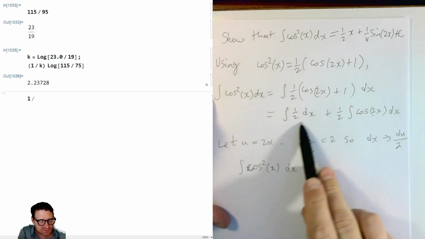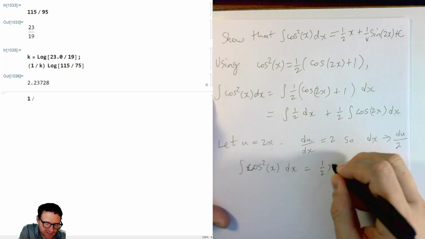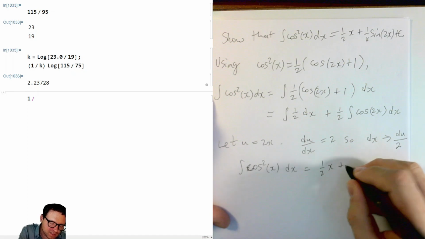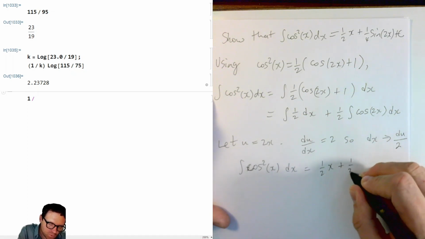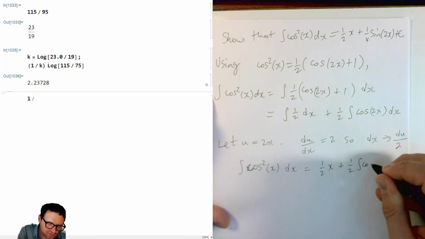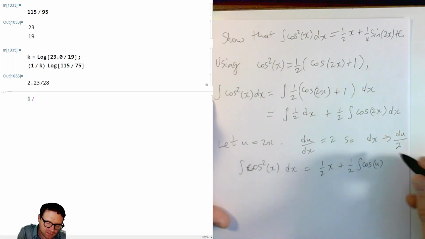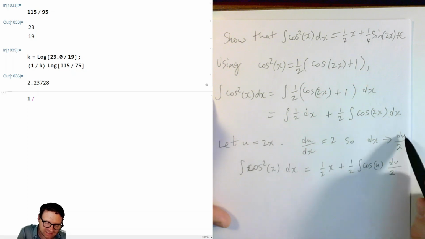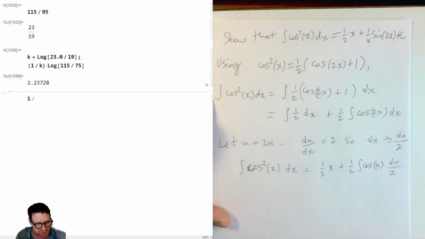Okay, back to this integral. This integral is easy. We just have a half x. And then here we've got plus 1/2 integral of cos of u du over 2, having replaced that dx with du over 2 in a substitution.